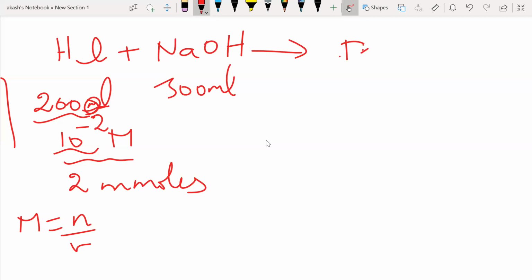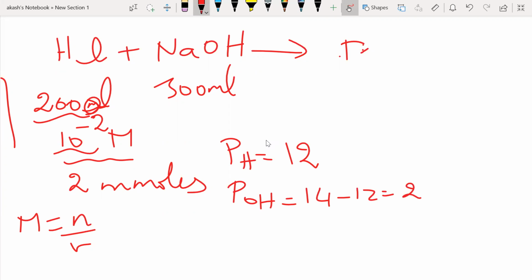Okay, now you cannot directly do this. They're giving me pH to be 12, right? So if at all you want to find OH minus concentration, you have to find pOH. That would be 14 minus 12, that is 2, right? From this, I can easily find the OH minus concentration.